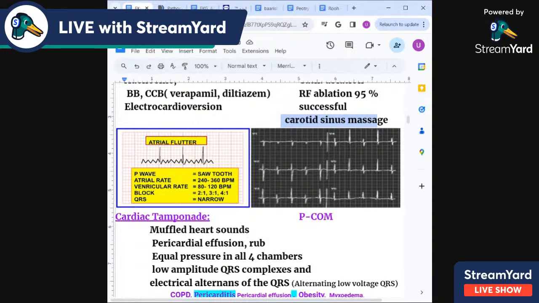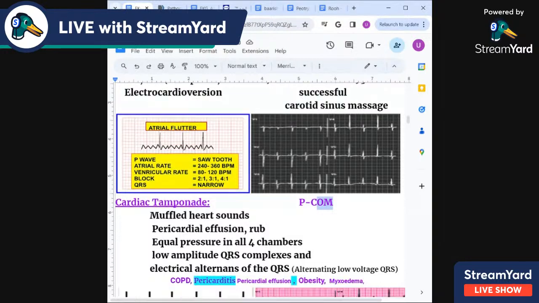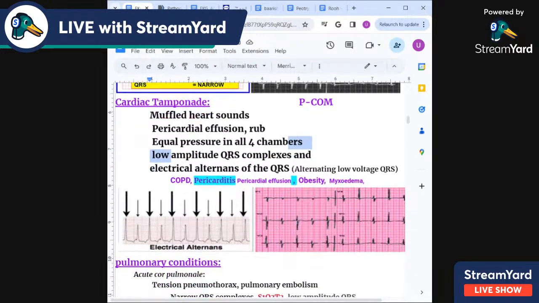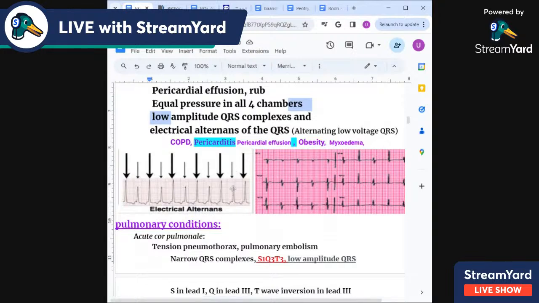Other causes of electrical alternans are COPD, and the mnemonic is PCOM: P for pericardial effusion and pericarditis, C for COPD, O for obesity, and M for myxedema. So obesity, myxedema, and COPD may also cause alternating low voltage QRS complexes, known as electrical alternans. You see here, alternating low voltage EKG, this one.